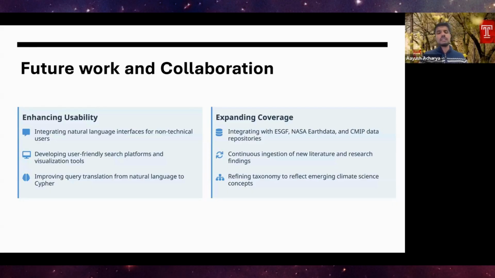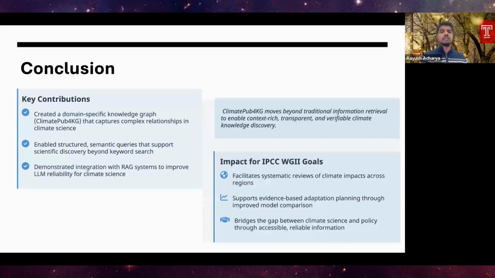We are also developing a user-friendly search platform and query translation, and we are trying to add more structured data along with the unstructured data that we get from papers. We are also trying to make it real-time, taking real-time data from ESGF.